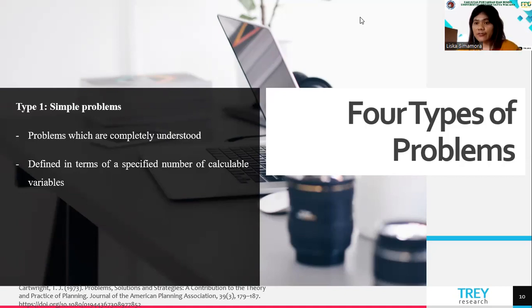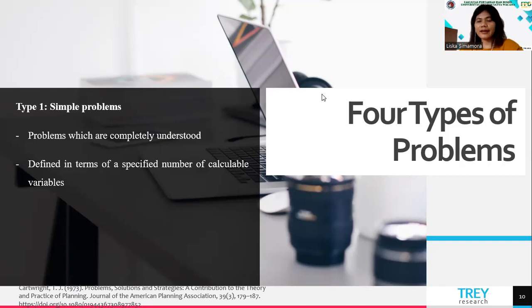We call them variables. So in a simple problem, we have a specified number of calculable variables, just like we know that the problem is driven by one variable, or by two variables. Okay, that is why they say here, defined in terms of a specified number.